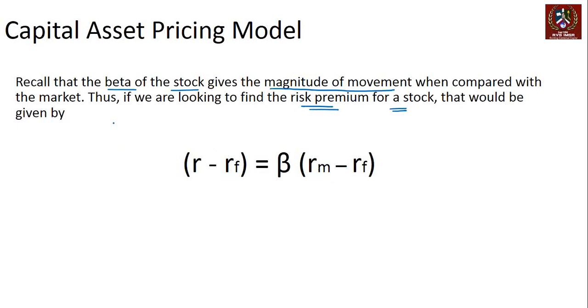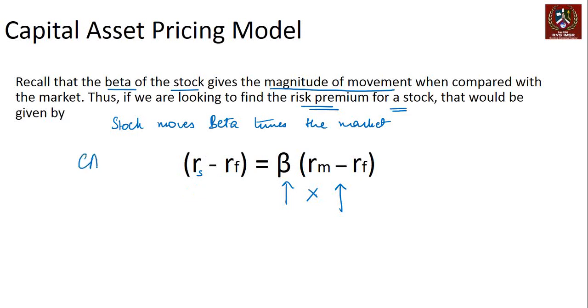Remember, the stock moves beta times the market. That's what we had seen. So if your market is giving you this excess return, beta times that excess return is what you're going to get on the stock. That is the excess return that you expect on the stock.